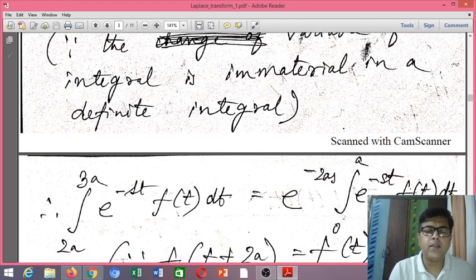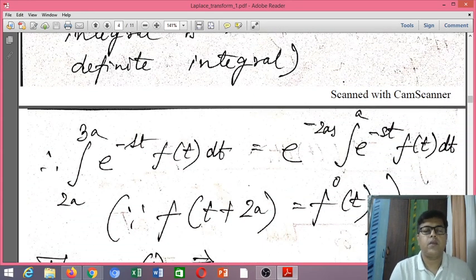On doing that, I get the third integral, from 2a to 3a of e to the power minus st f(t) dt, equal to e to the power minus 2as times integral 0 to a of e to the power minus st f(t) dt, because I told you earlier that f(t plus 2a) is equal to f(t). So my objective has been fulfilled. My objective was to represent the third or the second integral and onwards in terms of the first.